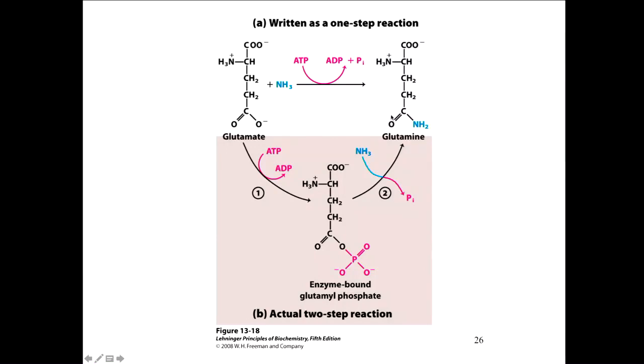So to go from glutamate to glutamine is actually kind of tricky. We're going to use ATP and actually phosphorylate the glutamate to make an enzyme-bound glutamyl phosphate intermediate, and then we bring in the ammonia over here, this blue molecule, and bump off the inorganic phosphate to give us glutamine.